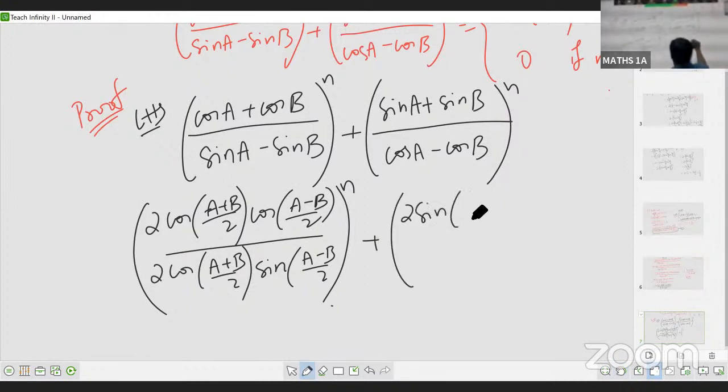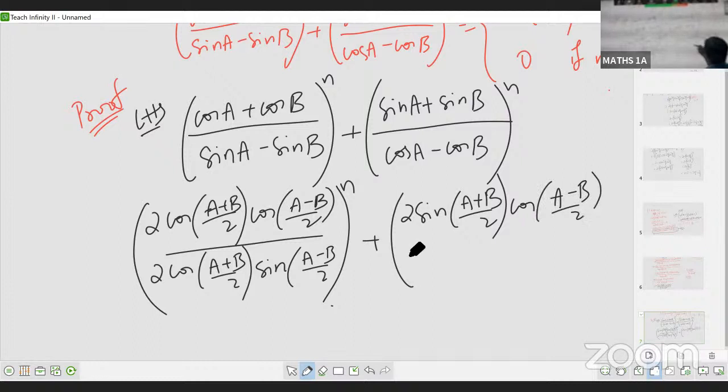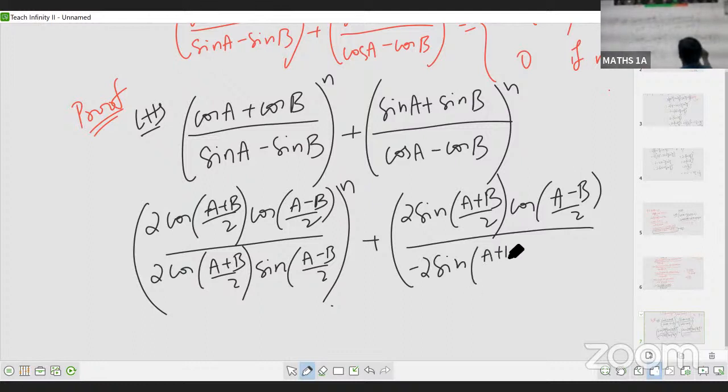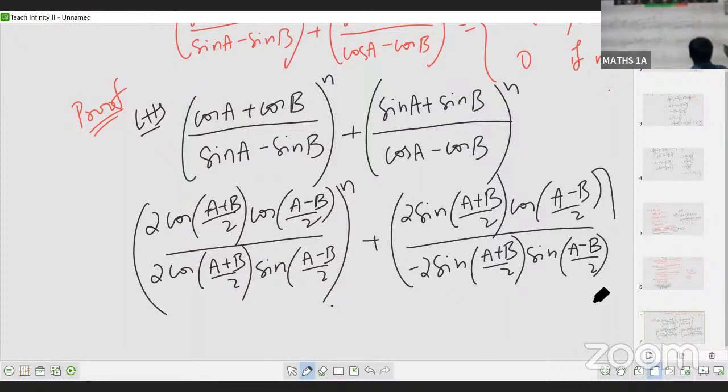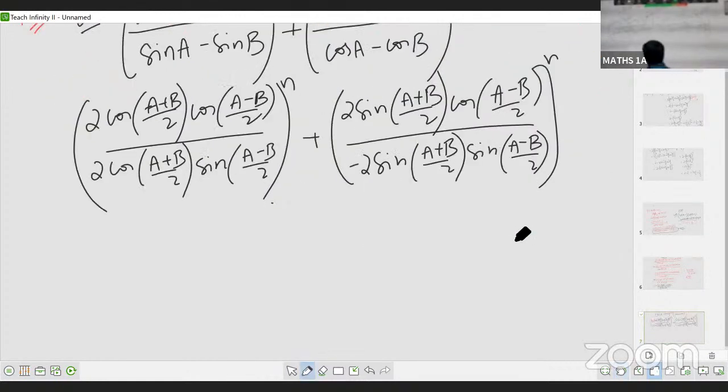Plus sin C plus sin D. Sin comes first, 2 sin C plus D by 2 cos C minus D by 2, divided by cos C minus cos D, minus 2 sin C plus D by 2 sin C minus D by 2. Its whole power n. Now 2 gets cancelled.